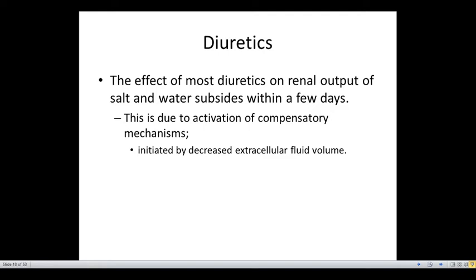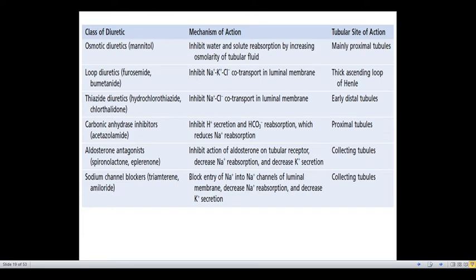Many different diuretics have different mechanisms of action and therefore inhibit tubular reabsorption at different sites along the renal tubule. Let's now study some general classes of diuretics, their mechanisms of action and their sites of action in the renal tubule.